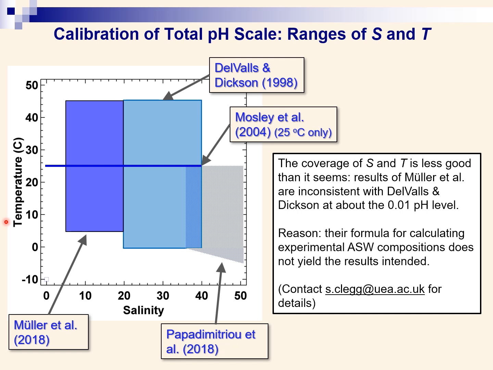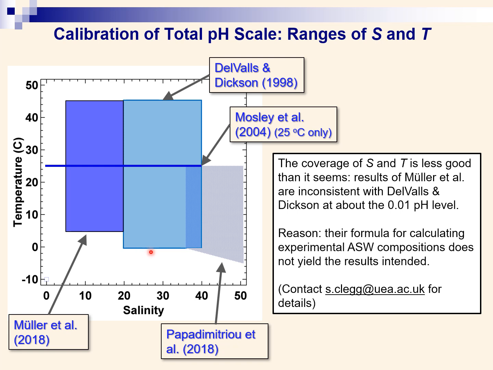The consequence is that their equations for total pH are systematically different from what they should be, and really because of that the total pH scale remains uncalibrated below salinities of 20, which seems to us a gap that somebody ought to fill.